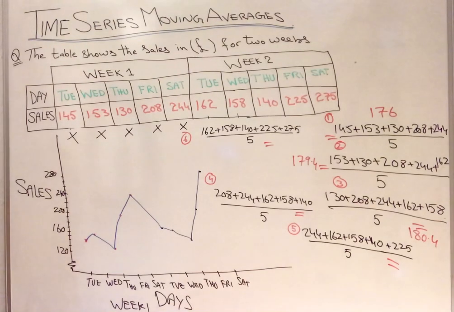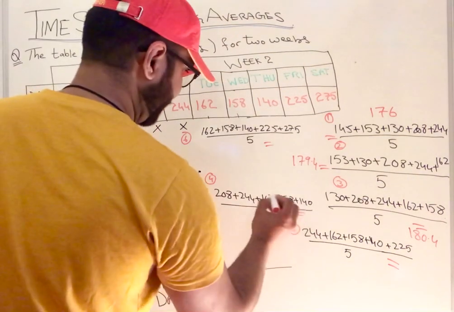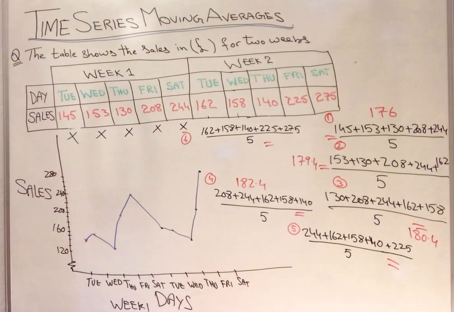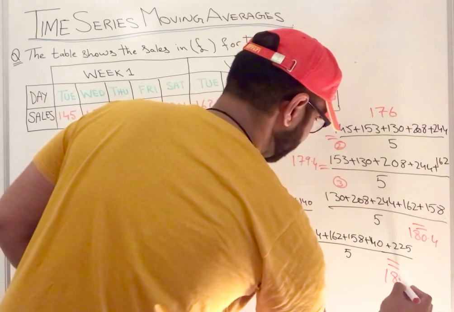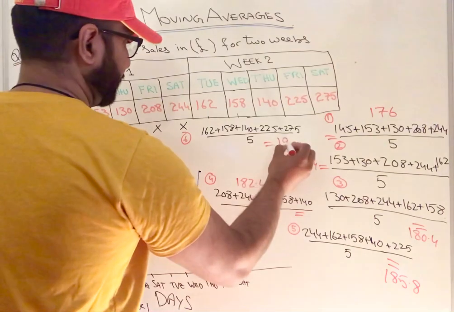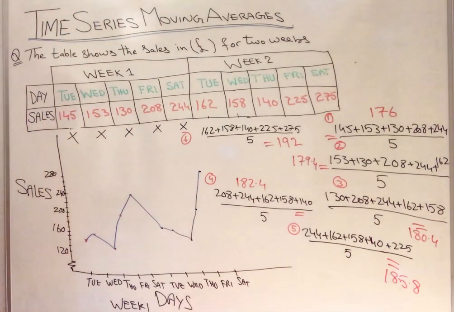The fourth one we calculate gives 182.4. The fifth one is 185.8. The last one is 192. These are our moving averages.